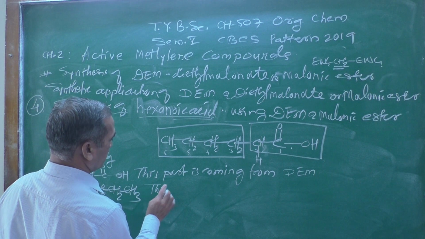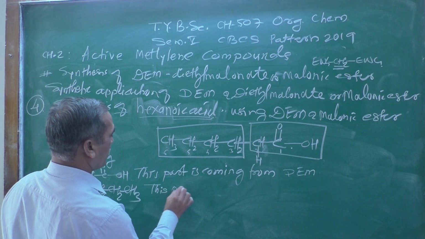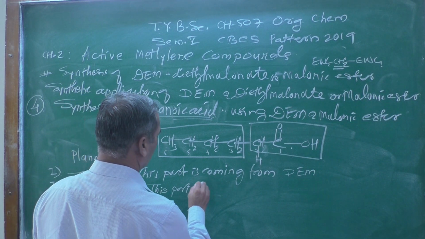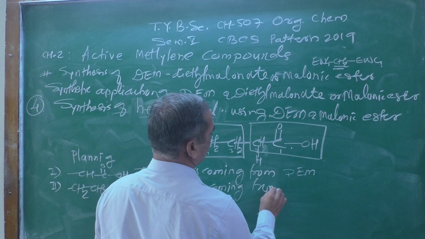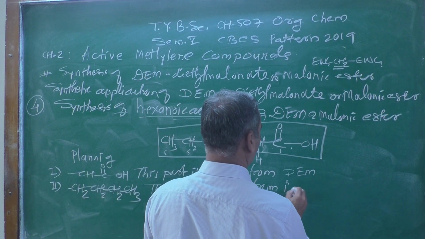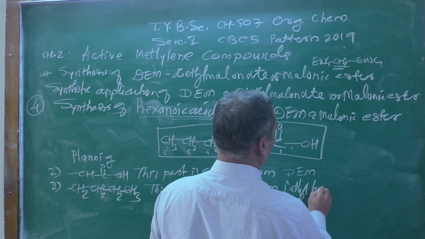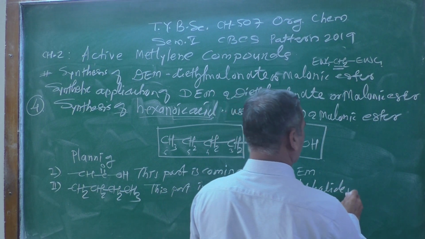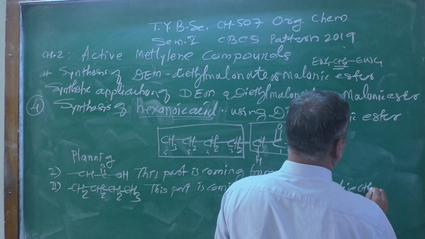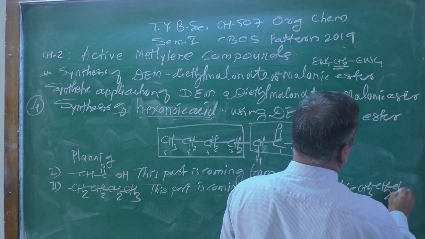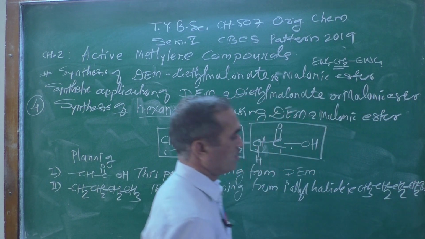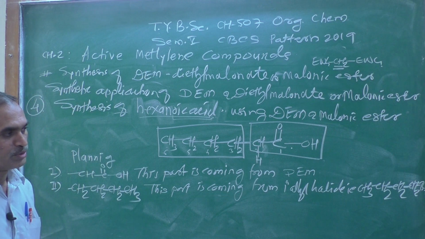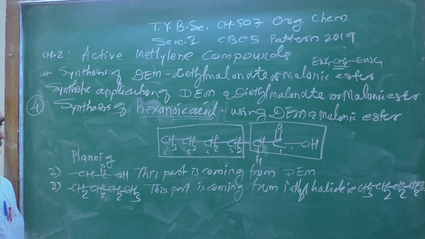This part of the organic molecule is coming from a primary alkyl halide, that is this one, CH3, CH2, CH2, CH2 and Br, 1-bromobutane, or you can say butyl bromide.